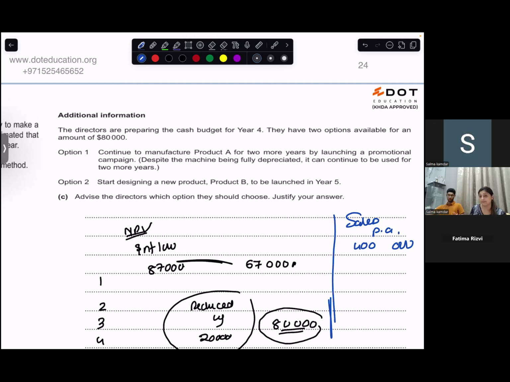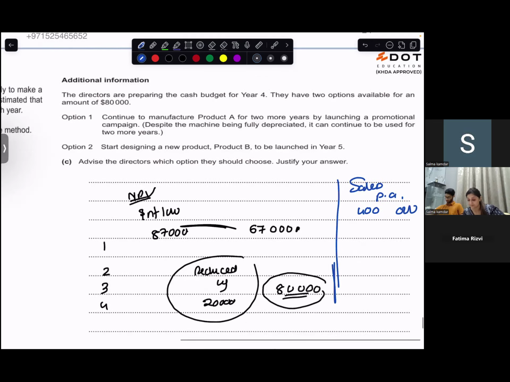Or they are thinking that they should launch a new product in the year 5 using the same machinery, to cover this negative NPV and make it a positive NPV. Advise the directors which option they should choose.